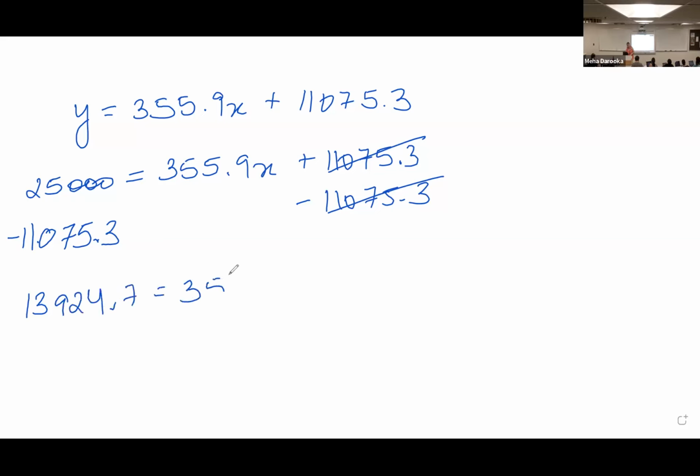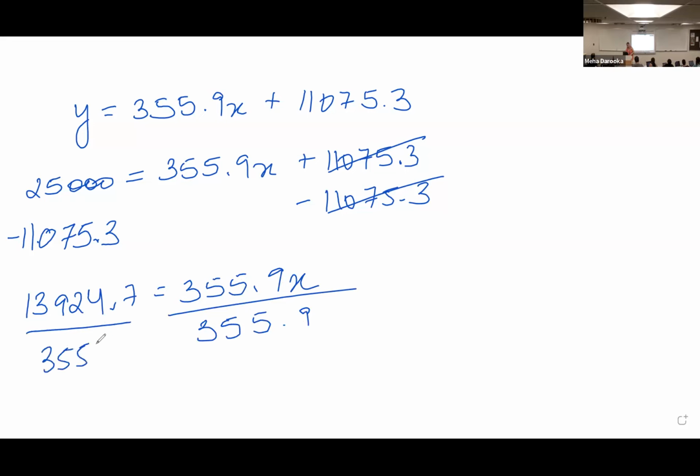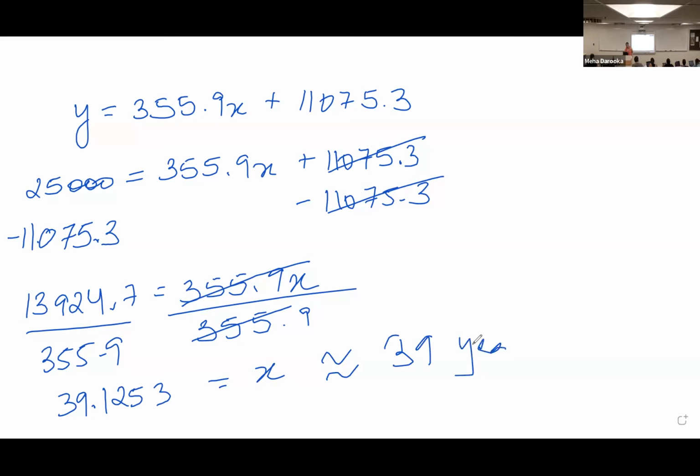Then, like you said, divide by the 355.9 since we need to get that x by itself. It will come out to be a decimal number, but our instruction said to round it to the nearest year, right? So that means we are rounding it to 39 years.